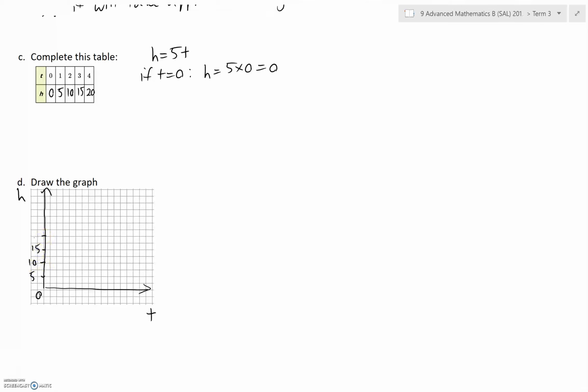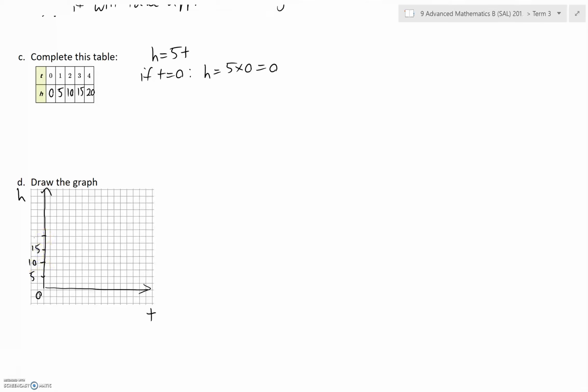So 0, 0, 1 and 5, 2 and 10, 3 and 15, 4 and 20. So of course you need to draw a line, and it's going to keep going. That's the easiest way to plot it.